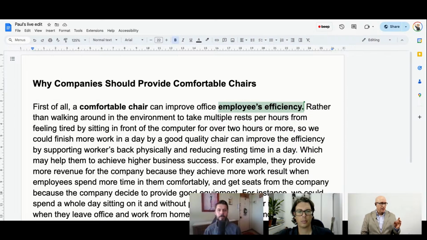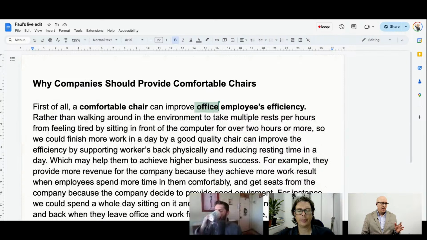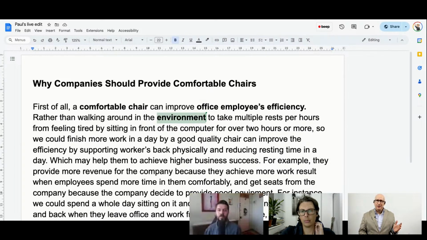So for example, here, we also have the keyword office. So that gives us a sense of the physical context we're talking about here. And in the second sentence, they use the word environment. Right away, I see a new synonym for office, environment, which immediately can confuse a reader thinking that now we're talking about the natural environment, like the forest or the beach, instead of using the word office.